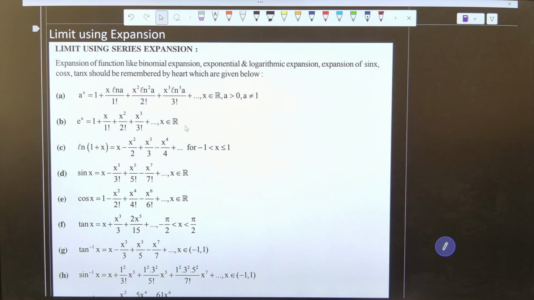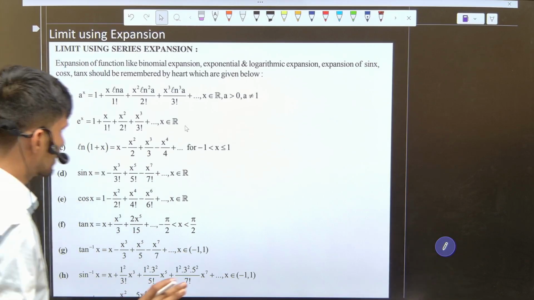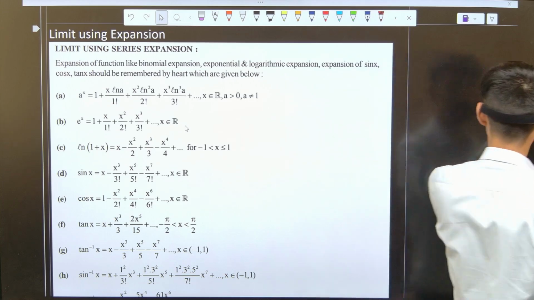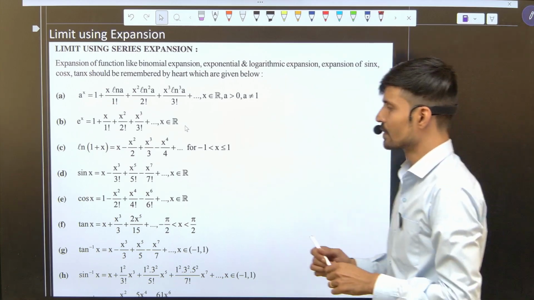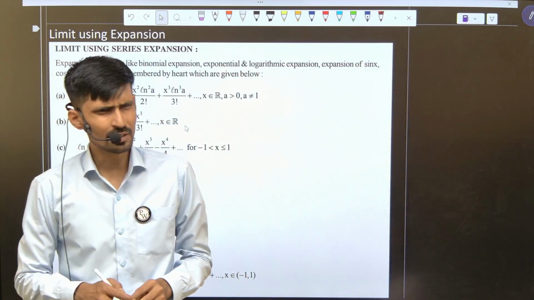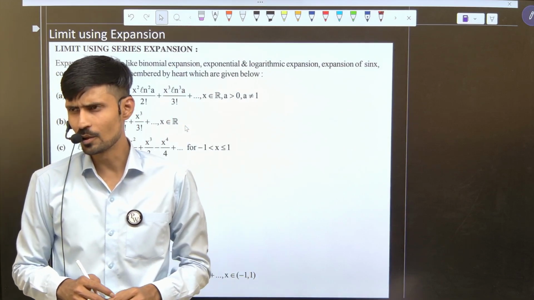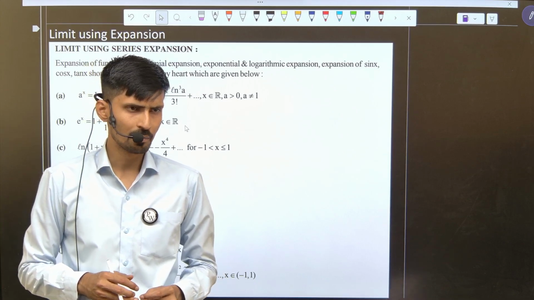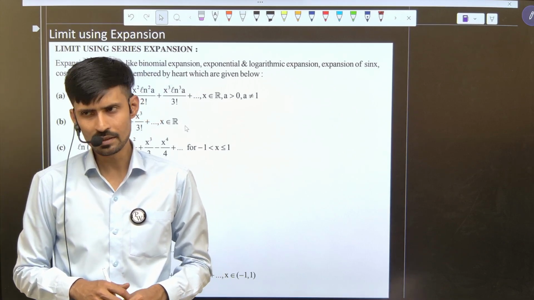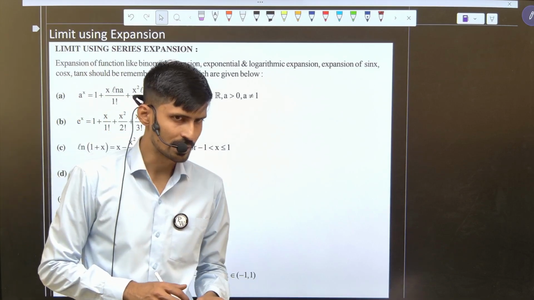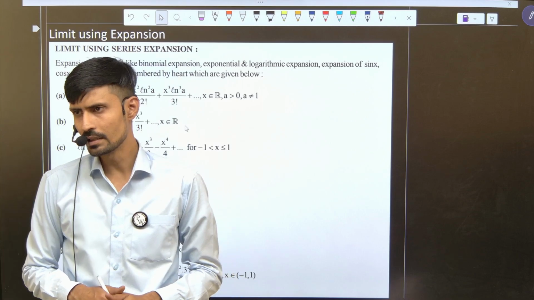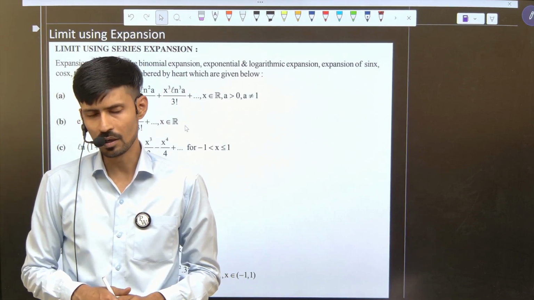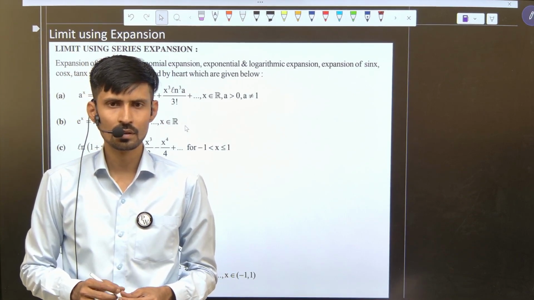Okay, so this is the last topic of this chapter. There is very little chance that they will ask this topic in JEE Mains, but there is some probability. From this topic they ask questions in JEE Advanced.